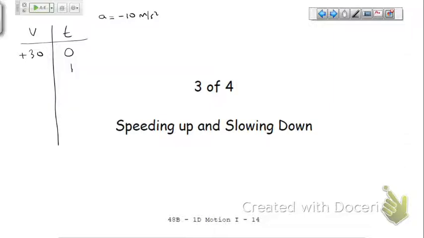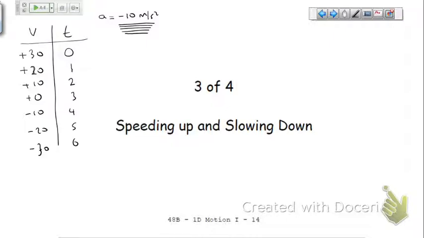So plus 30 becomes plus 20. And after 2 seconds, it becomes plus 10. And after 3 seconds, it becomes 0. And after 4 seconds, I still add on minus 10, so minus 10. After 5 seconds, it's minus 20. After 6 seconds, it's minus 30. Notice, my acceleration is always negative.